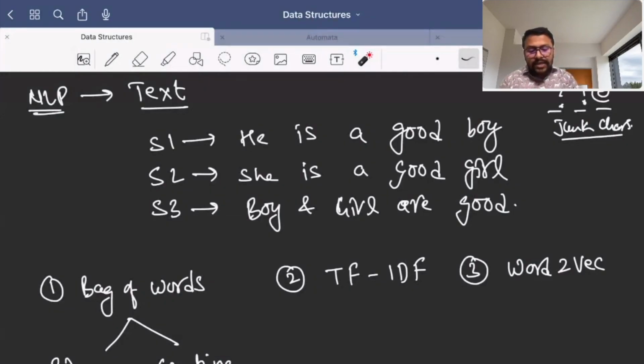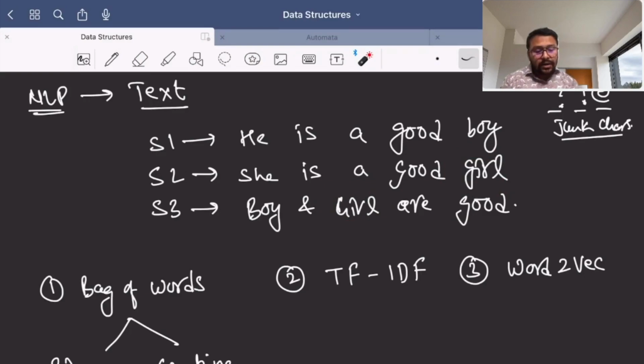Then the text has both small and capital characters. For the computer, girl starting with a capital letter and girl starting with a small letter are different words, but for me both are the same. To treat them as the same word, I need to convert either all characters into capital letters or all into small letters.